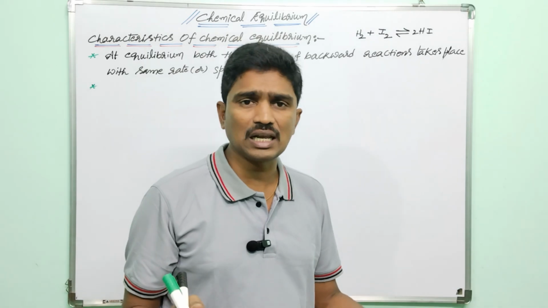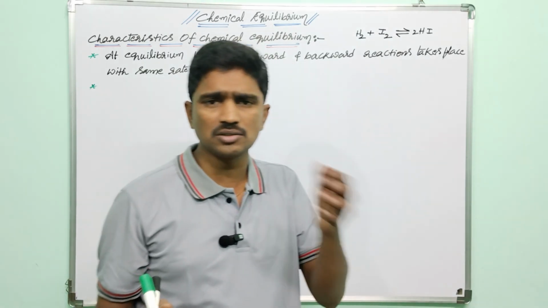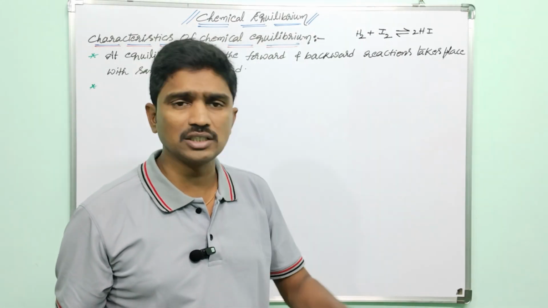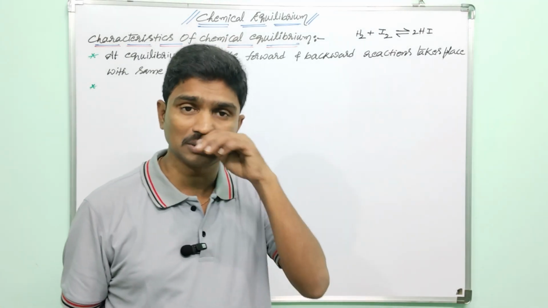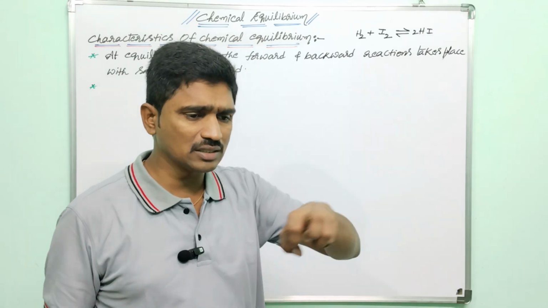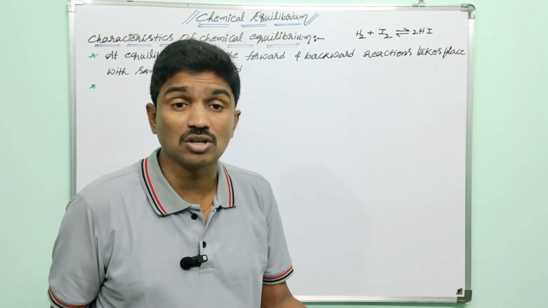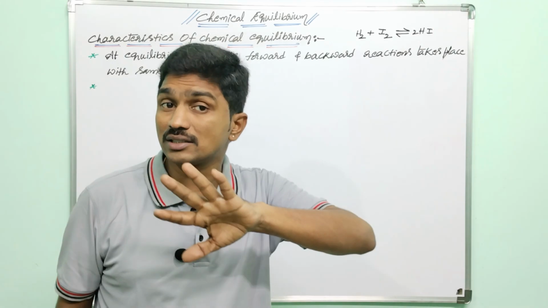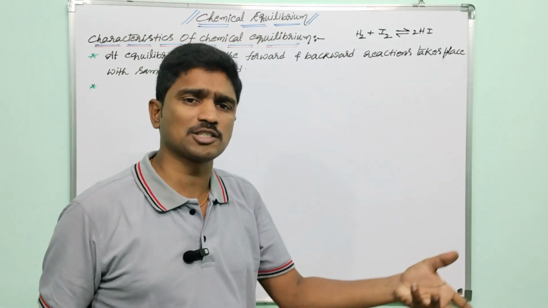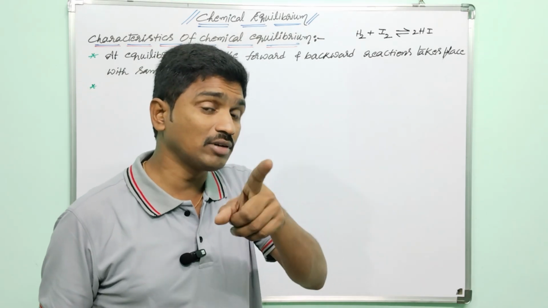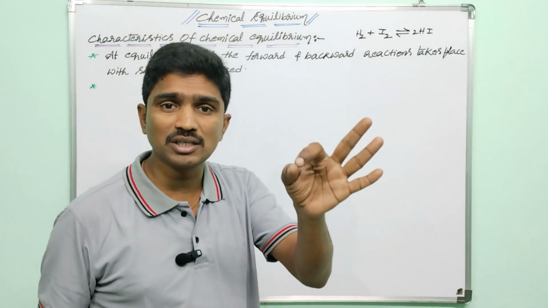There is no change in color of the reaction mixture, no change in density, no change in pressure, no change in concentrations of both the reactants and products. So these things indicate the reaction seems to be stopped, but actually the reaction never stops at equilibrium. It continues to take place. That's why the equilibrium is said to be dynamic in nature.